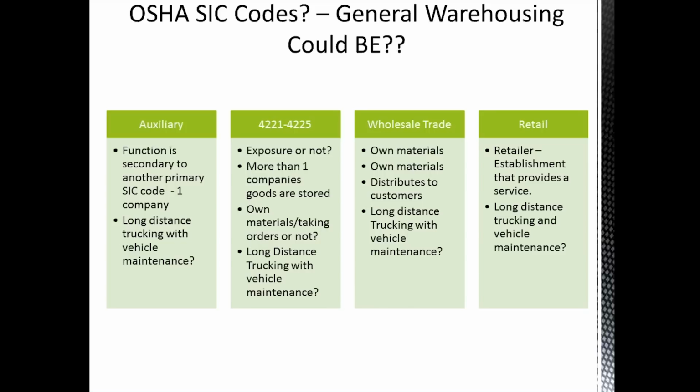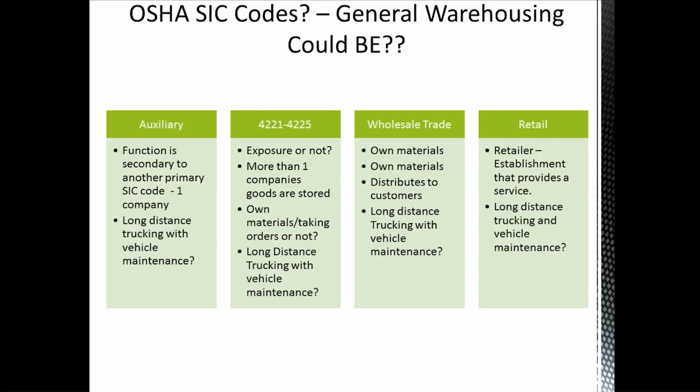Their primary SIC code is in the retail sector, but they may be doing enough trucking to transition them into one of the transportation SIC codes. That would be when you do long-distance trucking, and what the SIC code manual says is you go to more than one municipal area that's not contiguous.